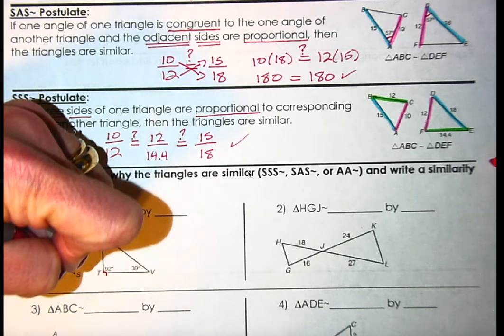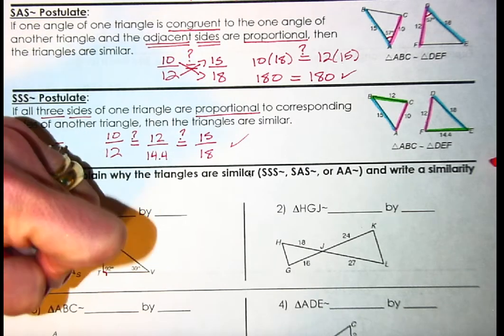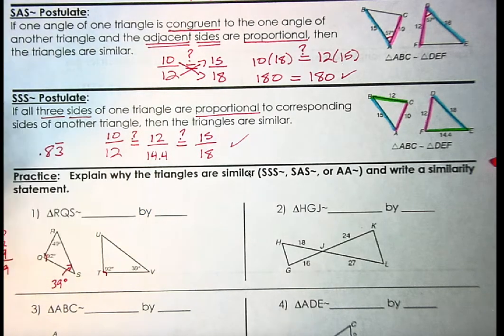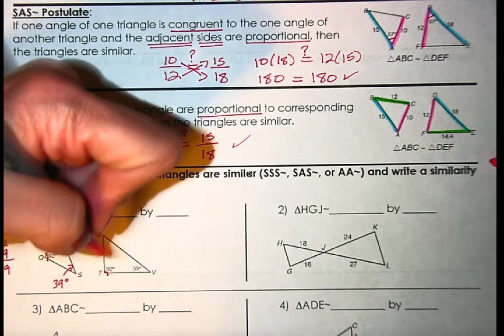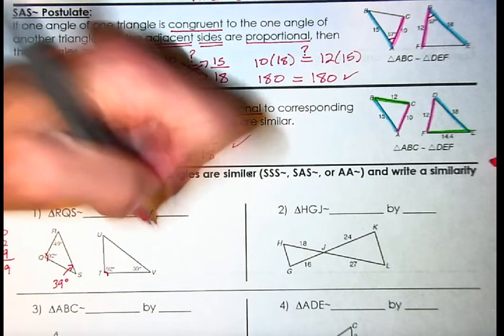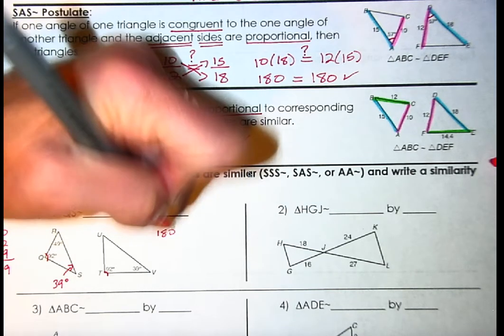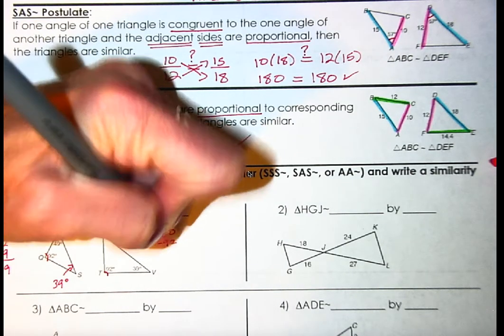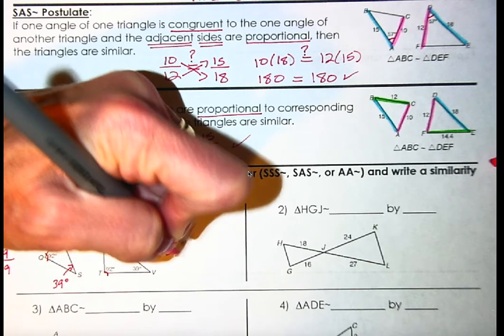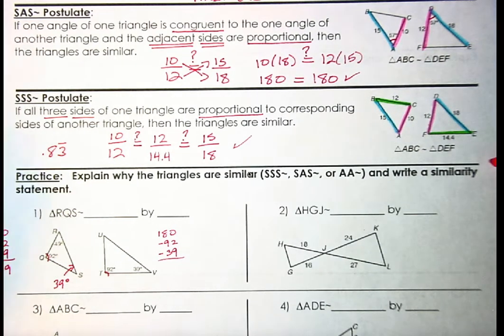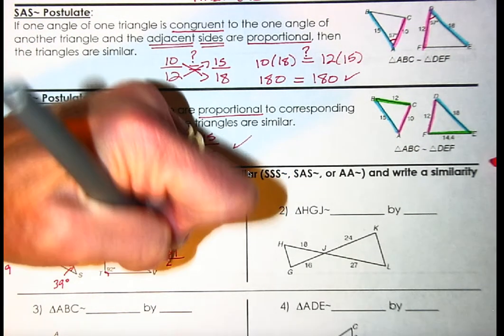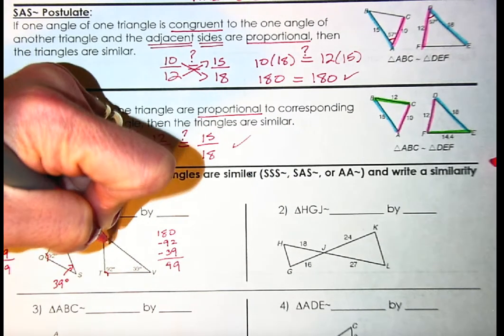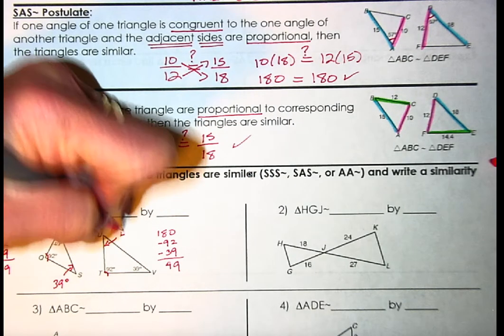So S has to be 39 degrees. Well, if I look over here at this one, if I take 180 and I subtract 92 and I subtract 39, what do you think I'm going to get? Well, I'm going to get 49. So that would be this angle right here.